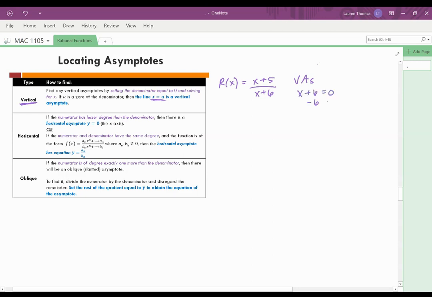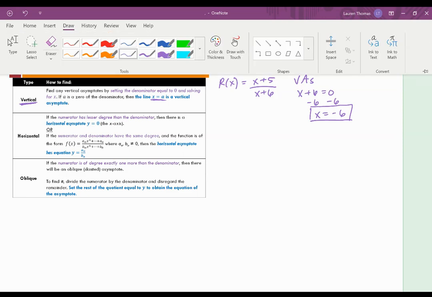I'll solve for x. And I would say that, yes, this graph has a vertical asymptote when x equals -6. Okay, so to find verticals, make sure that your rational function is in lowest terms, set the denominator equal to 0, and solve.